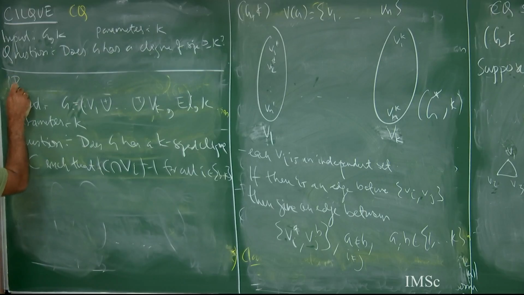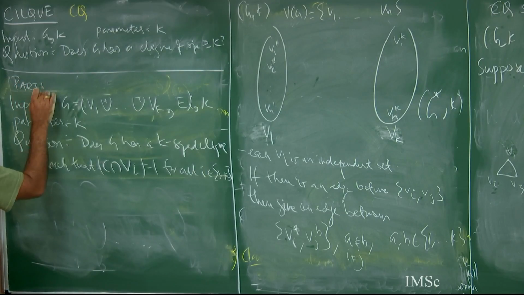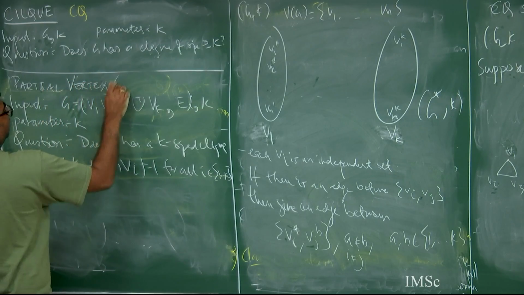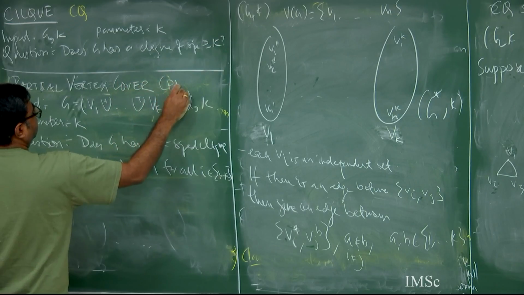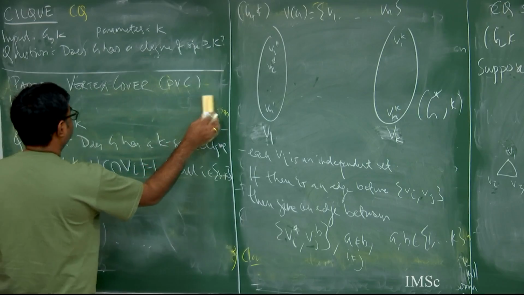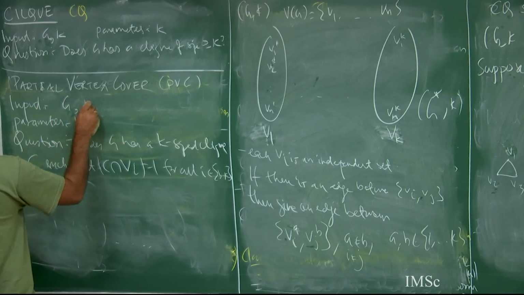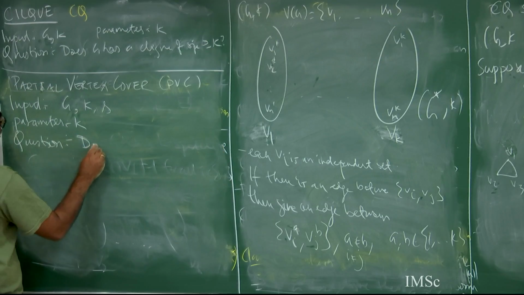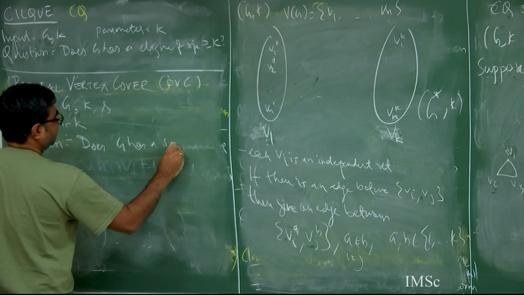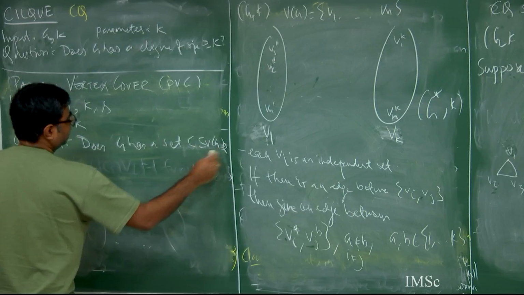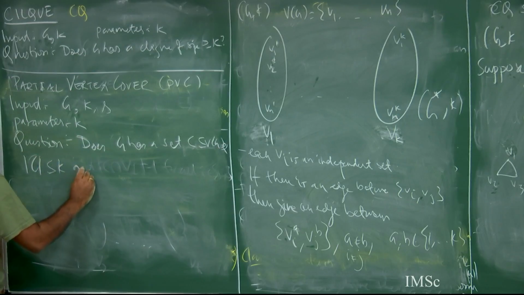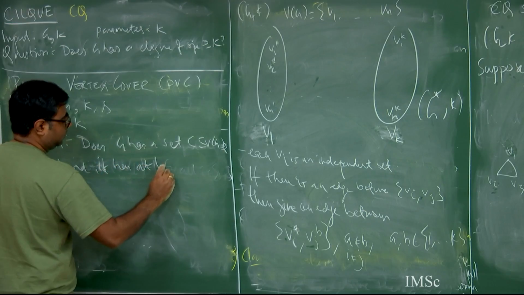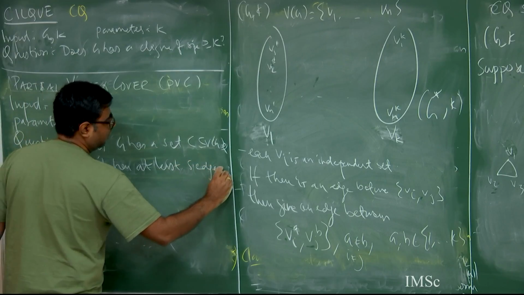The input is G, K and S. The parameter is K, and the question is: does G have a set C subset of V(G), of cardinality at most K, such that it has at least S edges incident to it?